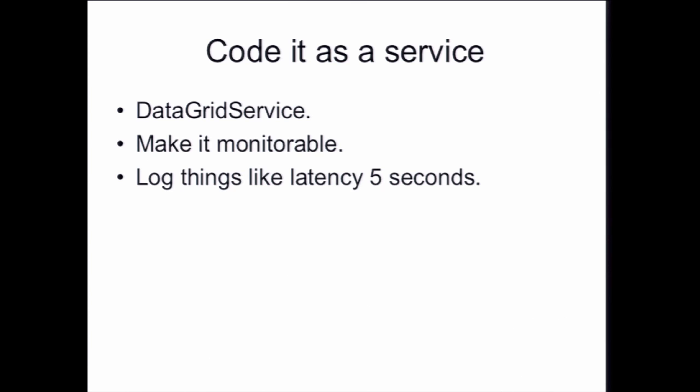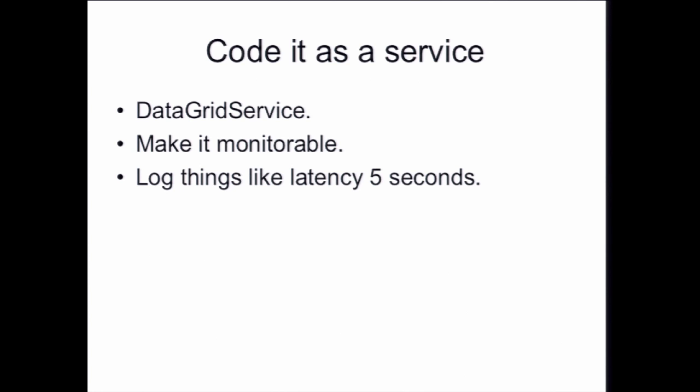Have it as a service to other developers, and that way you know exactly where data grid calls are done, who wrote them, and how they are written. Everything is in one package or one service, which makes it more durable.